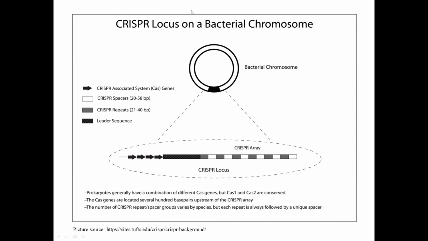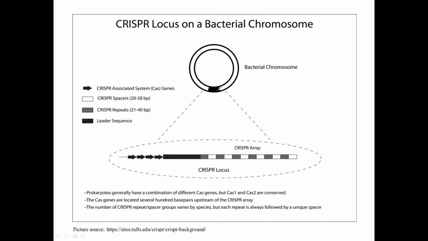As I told initially, they were puzzled about why this CRISPR array is there and what its function is. Then they established that it plays an important role in the bacterial immune defense system, safeguarding those bacteria against bacteriophages. Bacteria already have restriction enzymes, but they are not very effective or specific against phage infections.